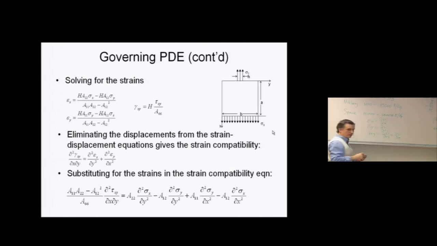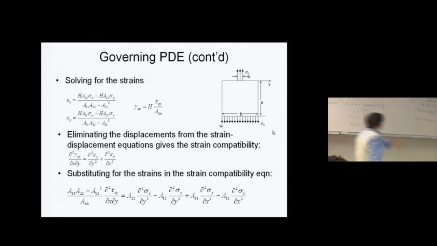Now, these are 3 equations in the 2 unknowns, u and v. So I can actually eliminate u and v and arrive at a single equation that will only involve epsilon x, epsilon y, and gamma xy by taking appropriate derivatives here. And you can find it in the book, or you can take my word for it. This is the answer.